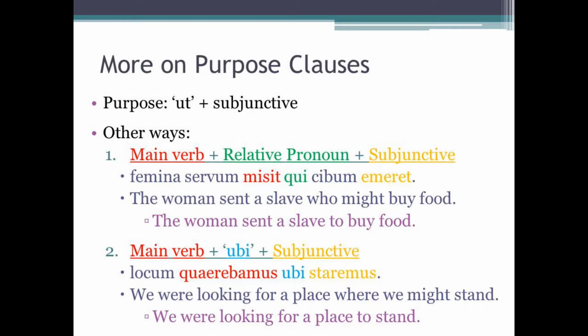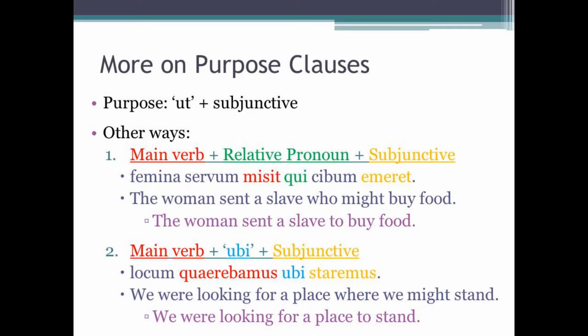The first is with a main verb plus a relative pronoun plus the subjunctive. So if we have a look at this example, femina servum misit qui cibum emeret. Misit is your main verb, qui is the relative pronoun, and emeret is your subjunctive.